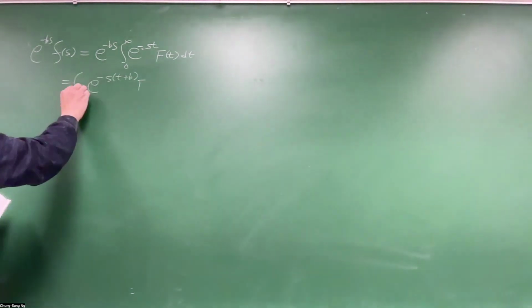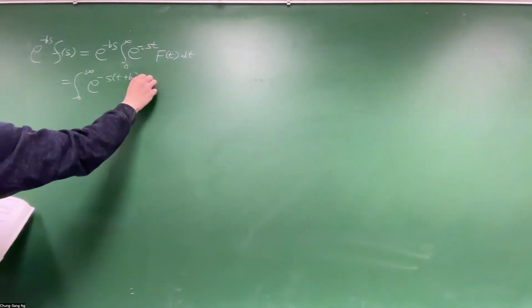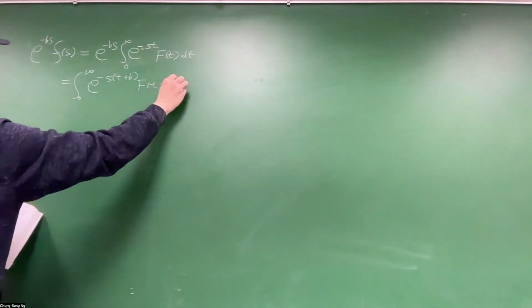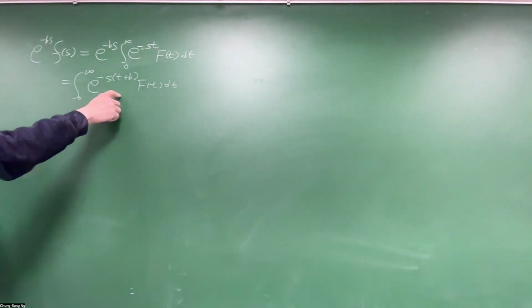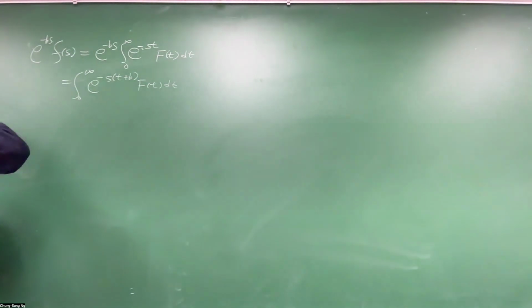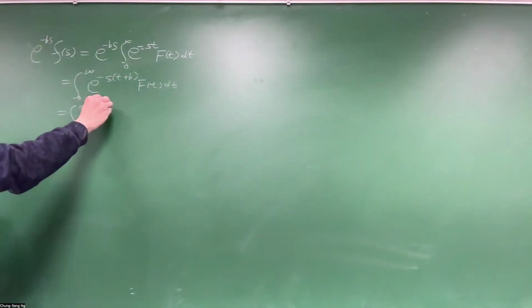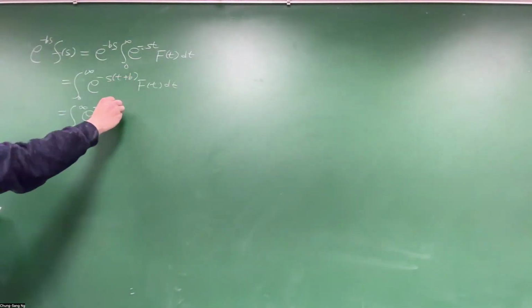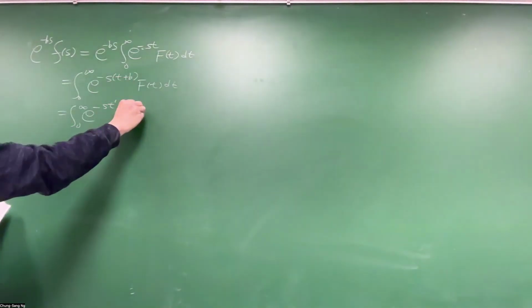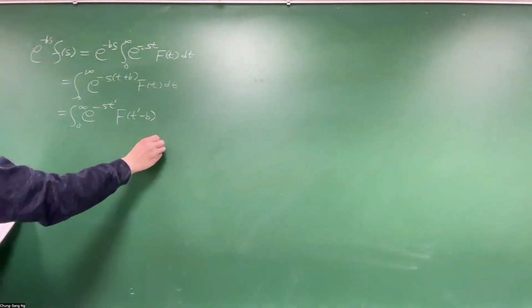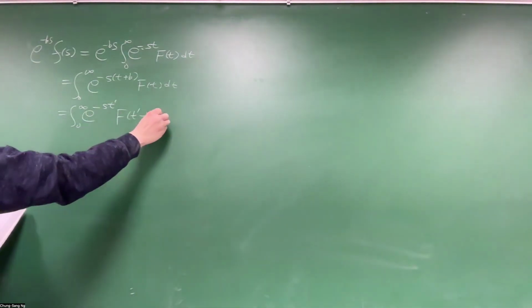That's the integral of f(t) dt. Now what you can do is define your variable. We change the variable to t prime, where t is t prime minus b, and dt is just dt prime.